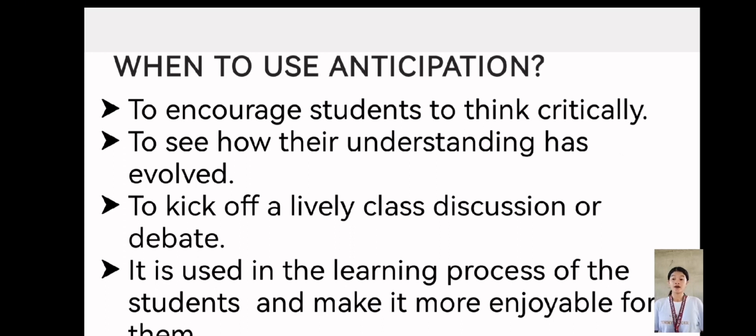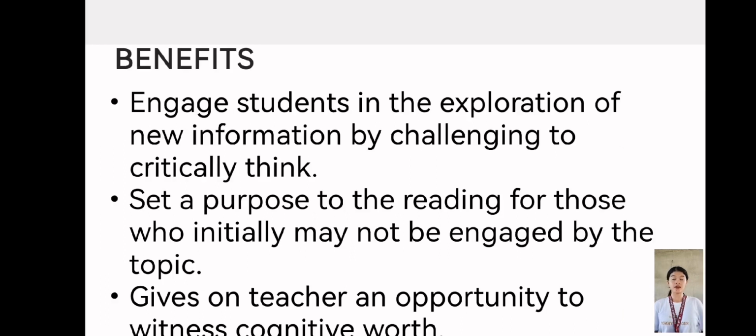Now we all already know how to use the anticipation guide and when to use it. Benefits of the Extended Anticipation Guide. First, engage students in the exploration of new information by challenging them to think critically. It highlights how the students explore and how they will use or test their critical thinking skills.